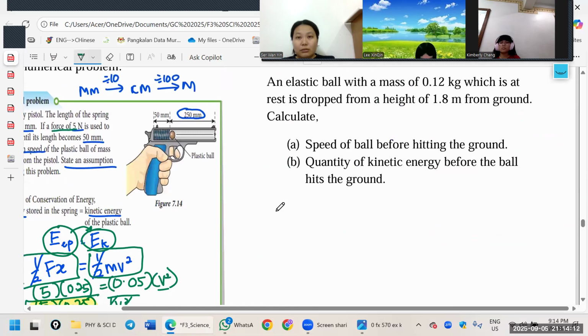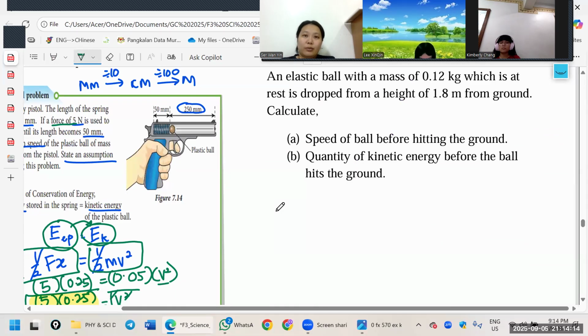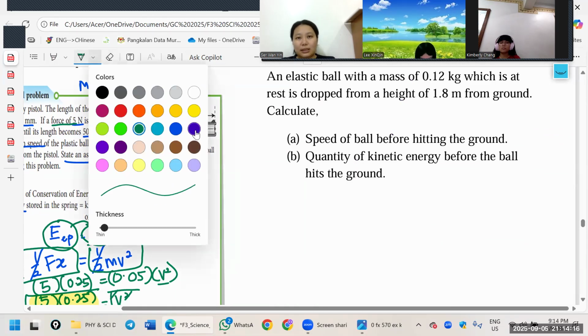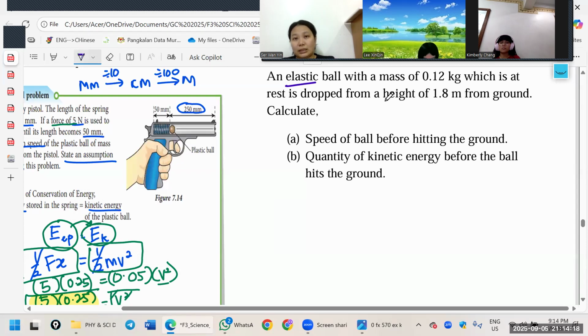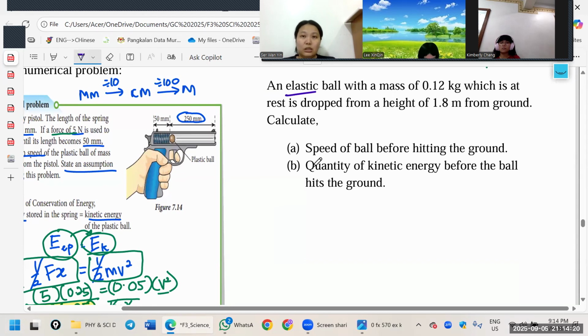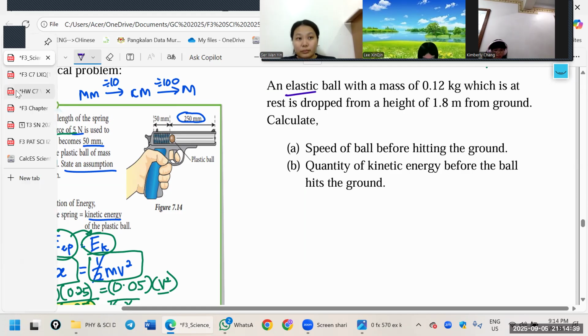All right, so now elastic ball. When they say elastic, normally it will be elasticity, elastic potential energy. Will you tell me what is the info? And then inform me more. Okay.